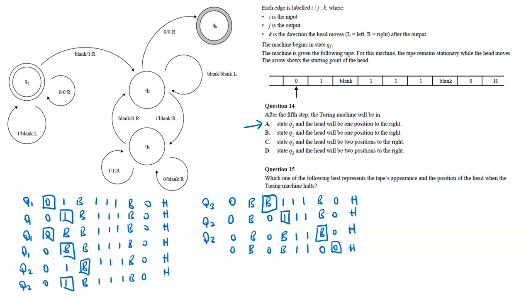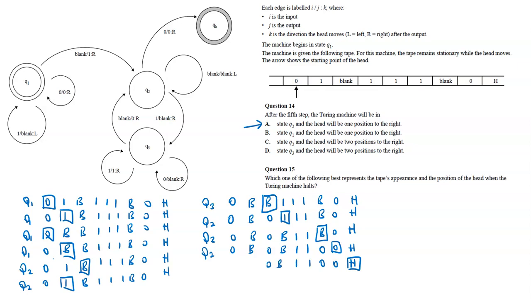And that has put me in state Q2. I'm in Q2, if I see a 0, I move to the right, putting me on that halting thing on the tape, and also puts me in a halting state according to that diagram.